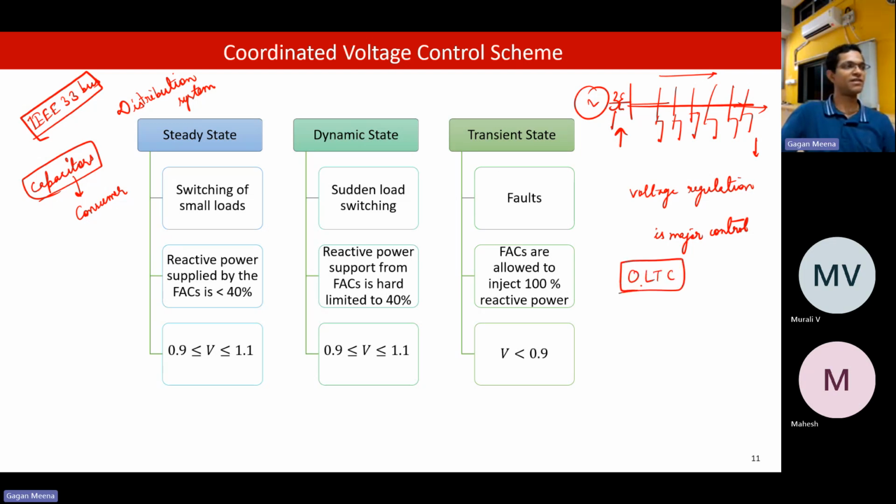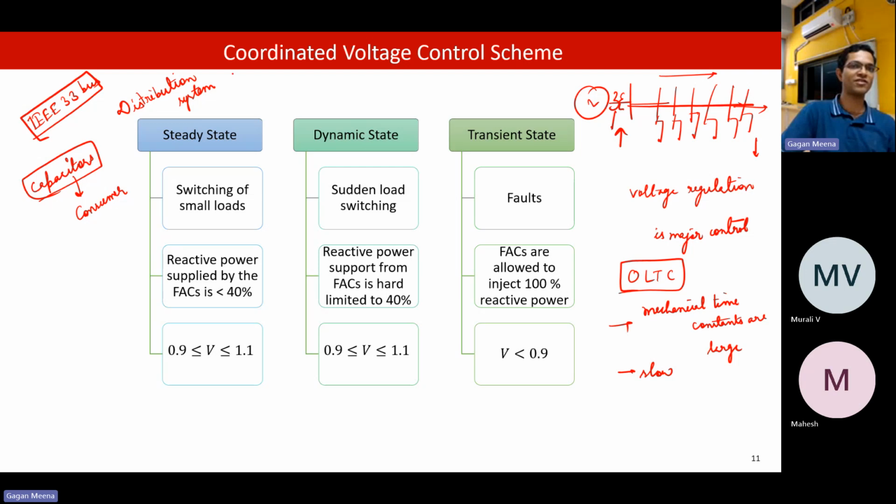Because the switches are mechanical, and we know mechanical time constants are large. Therefore, their operation is slow.